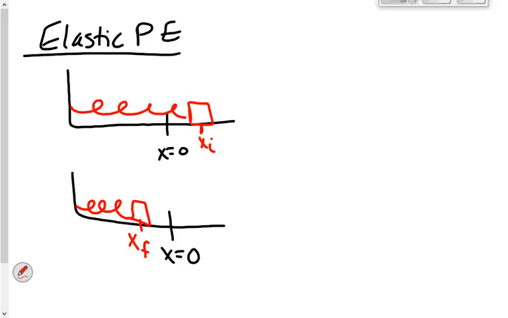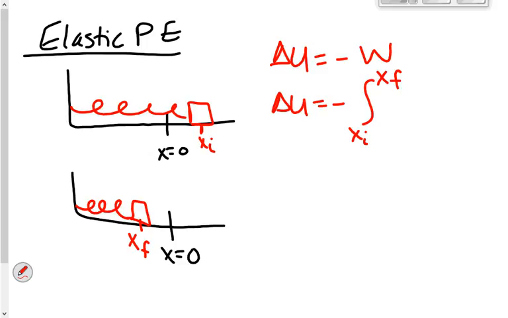Okay. Bless you. So remember that the only formula we have for the change in potential energy is that it's equal to negative work. And that's going to be the negative integral from x initial to x final of f of x dx. But if I'm talking about a spring, what's f of x equal to?